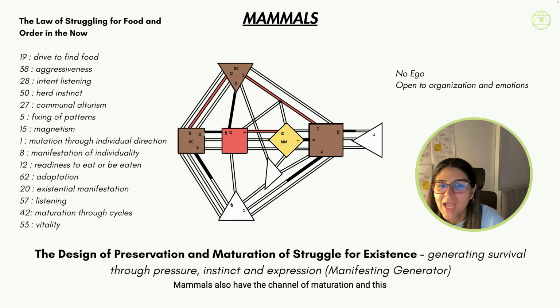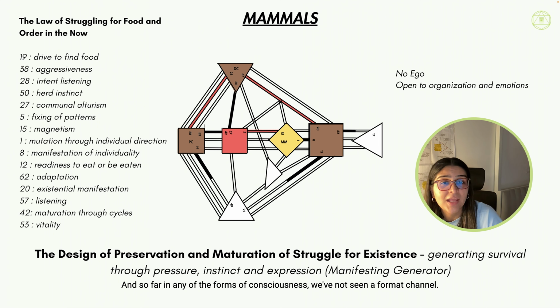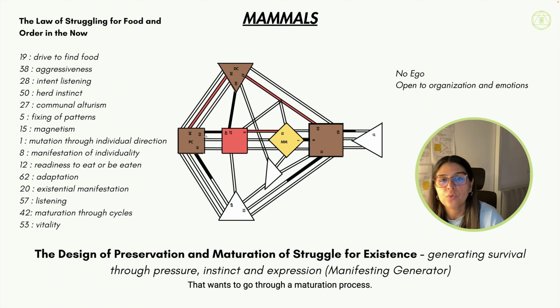Mammals also have the channel of maturation, and this is the only format channel that mammals can have. So far, in any of the forms of consciousness, we've not seen a format channel. The one we see here is this channel that wants to be in a cyclical process, that wants to go through a maturation process.